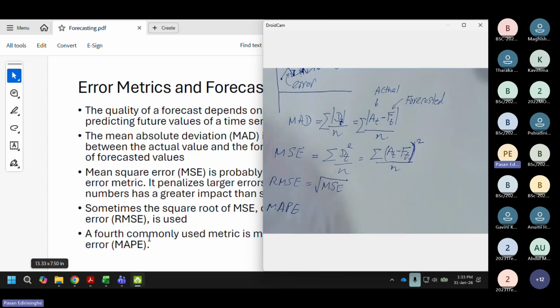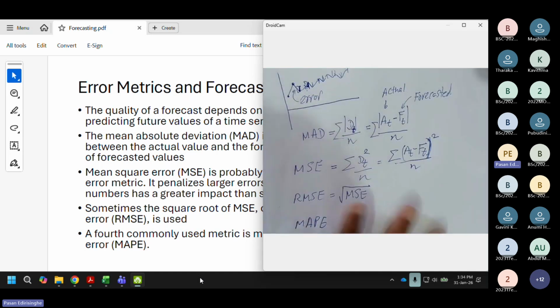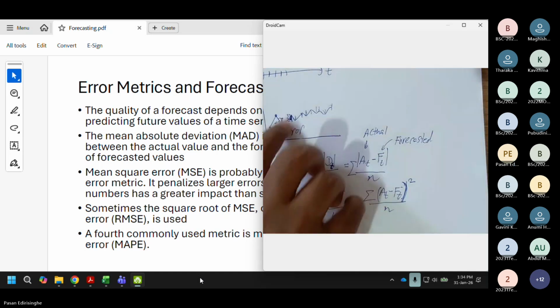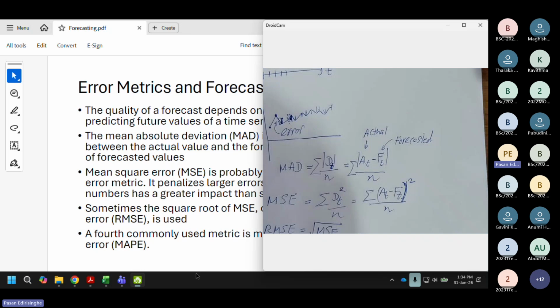Sometimes when you're looking at these deviations, they can depend on the values that we are measuring.